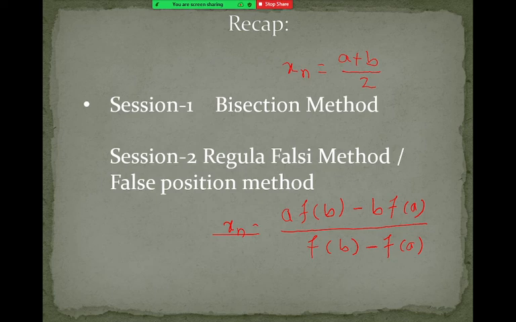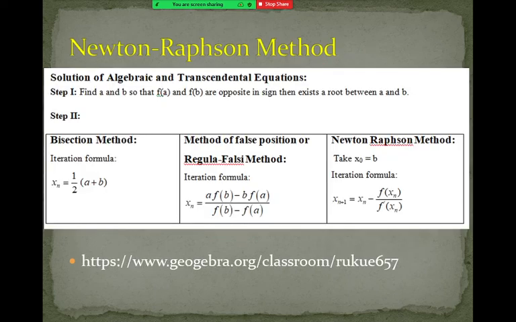Now today is the last session on algebraic equations. There is one more method in our syllabus, and that is the most important method, known as the Newton-Raphson method. This is the most important method, because out of 5 times, 3 to 4 times the question is asked on Newton-Raphson only. Why is that?